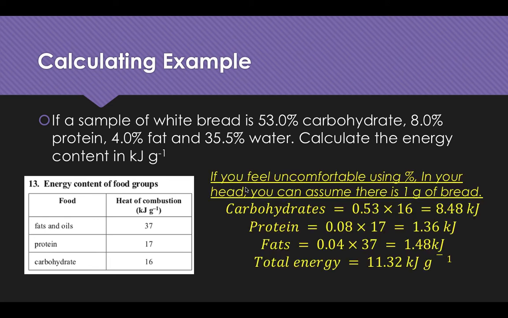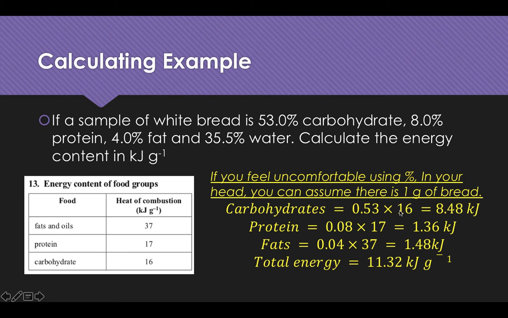First of all, if you feel uncomfortable directly using percentage in your head, you can always assume that there is 1 gram of bread. Since we are calculating energy per gram, we'll just assume 1 gram of bread. In that 1 gram of bread, 0.53 grams are carbohydrates.